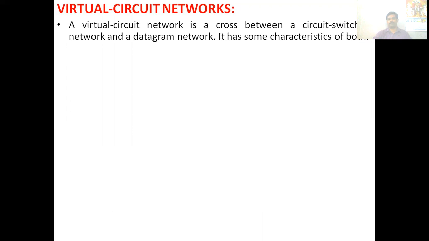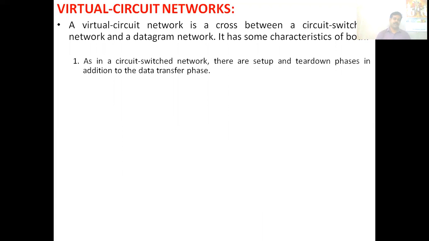Next one is the virtual circuit network. The virtual circuit network has the characteristics of both a circuit switched network and a datagram network. Its important characteristics are: as in a circuit switched network, there are setup and teardown phases.